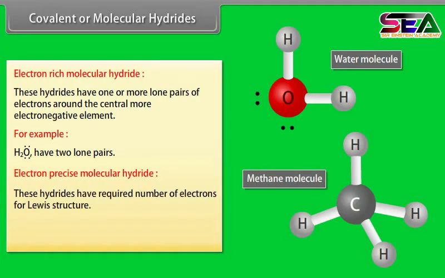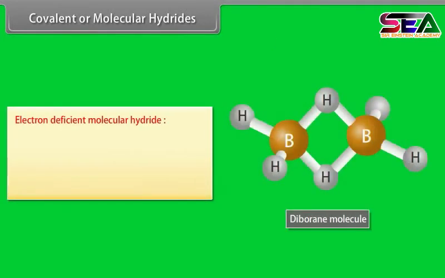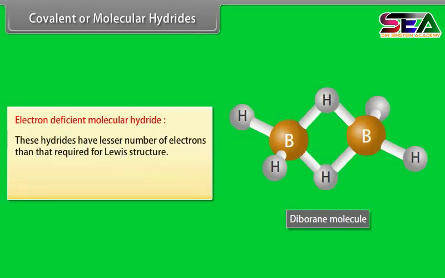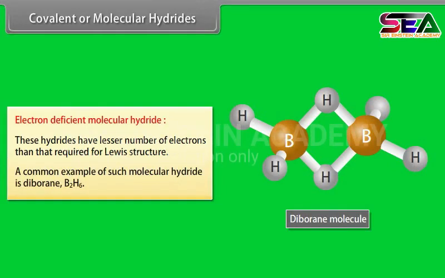These hydrides have the required number of electrons for the Lewis structure. A common example of an electron-precise molecular hydride is methane. Electron-deficient molecular hydrides. These hydrides have a lesser number of electrons than that required for the Lewis structure. A common example of such a molecular hydride is diborane.